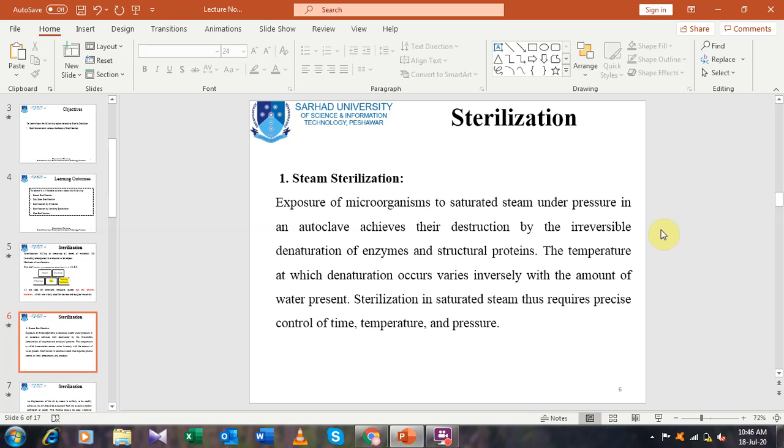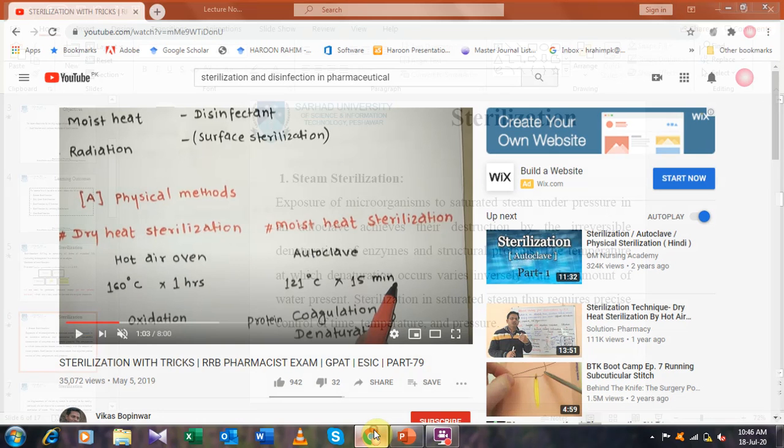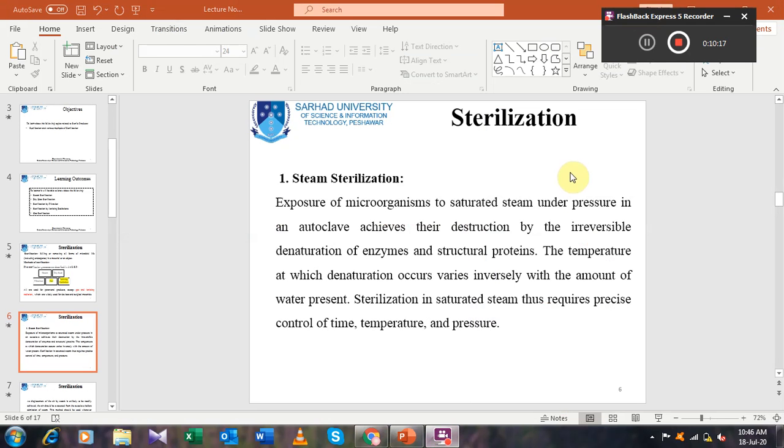Once the enzymes and structural proteins are denatured and destroyed, it is difficult to recover them, and the microorganisms are completely removed from the particular batches or areas which are sterilized this way.